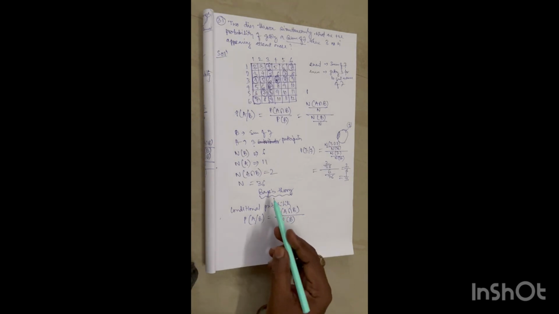Now the Bayes theory tells you, in case you have some information regarding this intersection A intersect B, whether the probability of any event given another event can be such that they are interdependent within themselves only.